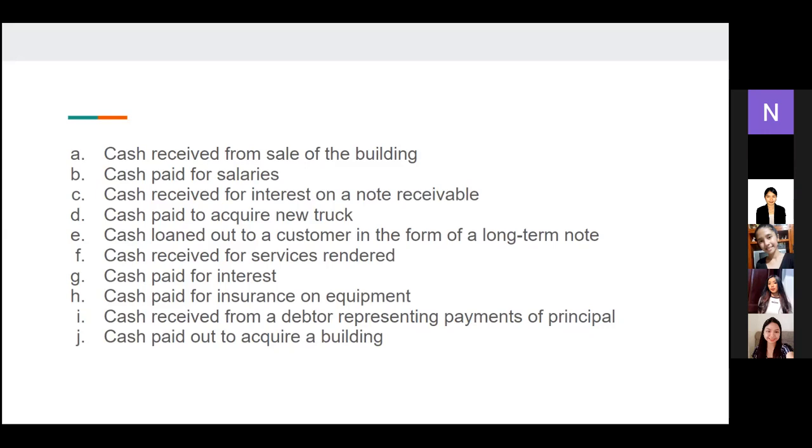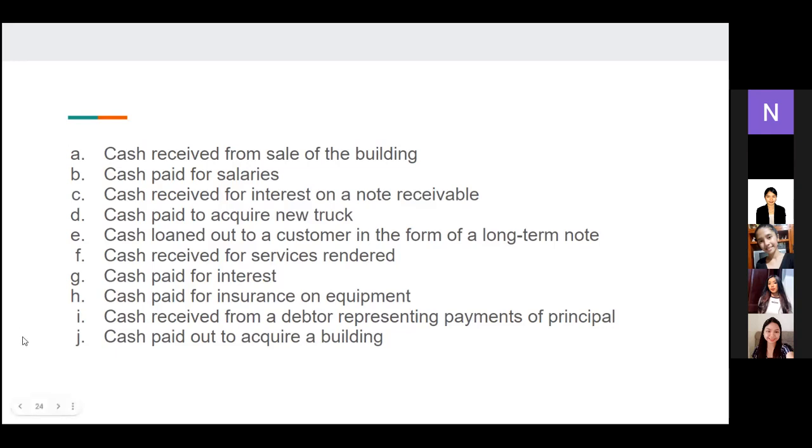Ano ba, investing, operating? Sorry na. Investing activities. So, next is sa letter J. Miss Marian. Ano po, investing activities. Kasi non-current siya. Yes, investing activities.